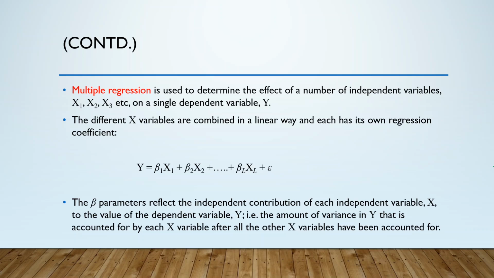And we have to find out the effect of these independent variables on a single dependent variable y. The different x variables are combined in a linear way and each has its own regression coefficient.